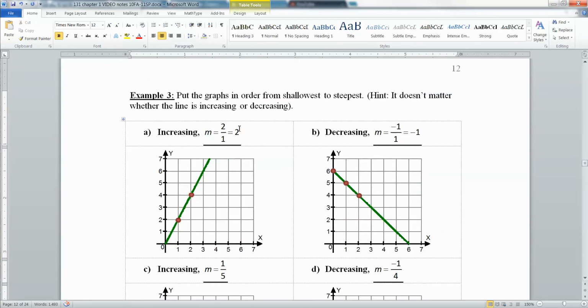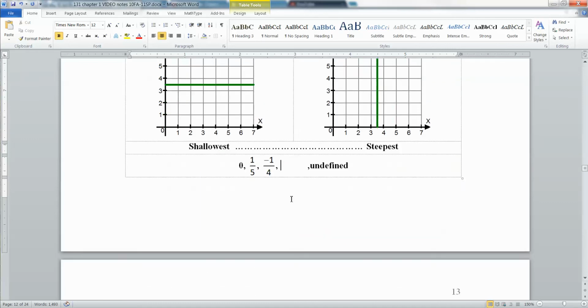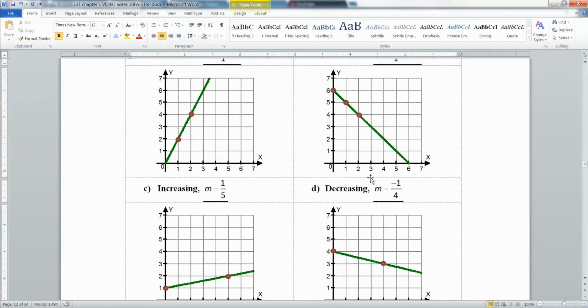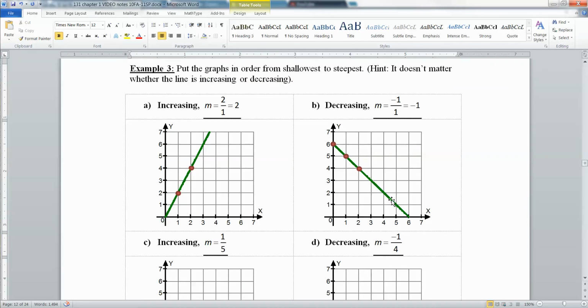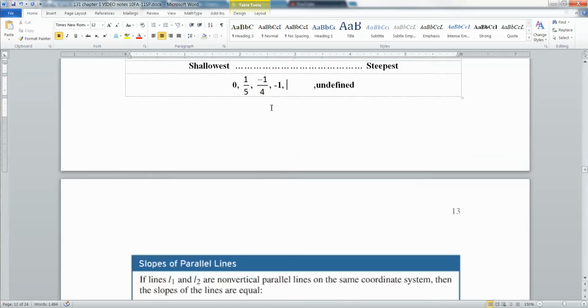This one's a -1, this one's a 2. Of those, this -1 one is next in line because, yeah, it's really steep, but if this was a staircase, it would be quite steep, but you wouldn't drain yourself nearly as fast as you would on this one. Look at that staircase. I mean, this would be dangerous. If you were falling down this staircase, you'd be falling to your demise. So you'd break your neck on that other one.